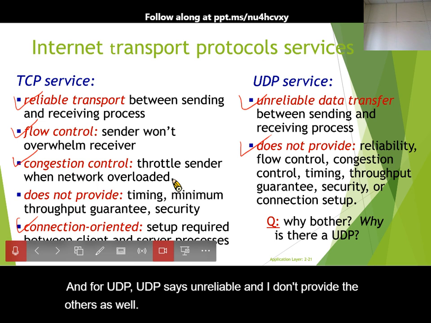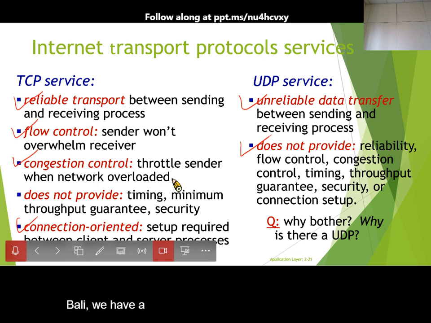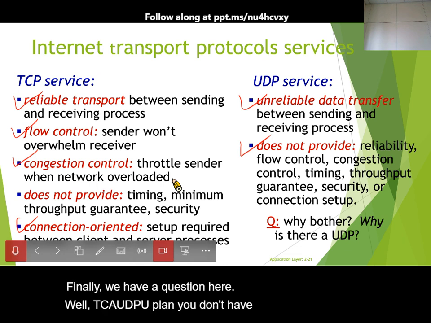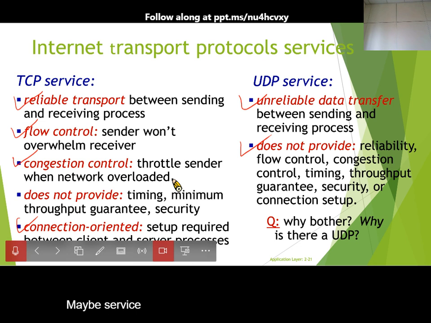Finally, we have a question here. This UDP, you claim you don't have specific service here, but why should we have UDP? Faster is correct, but at least if I have a TCP service, you should have the others for sure, right?